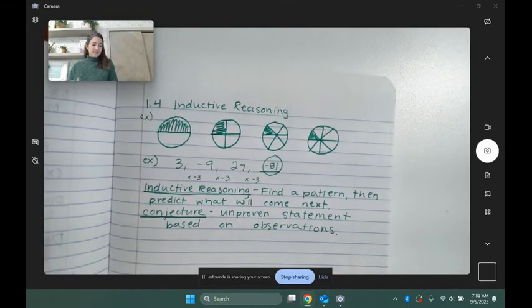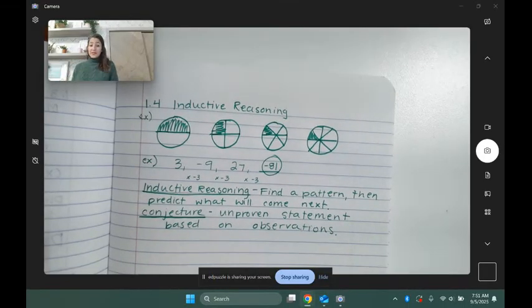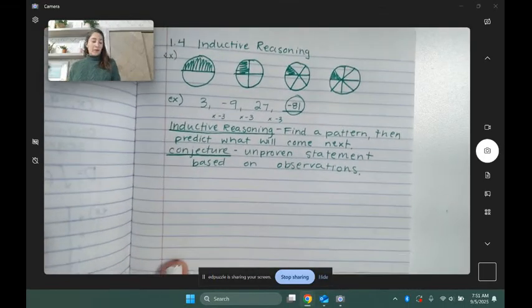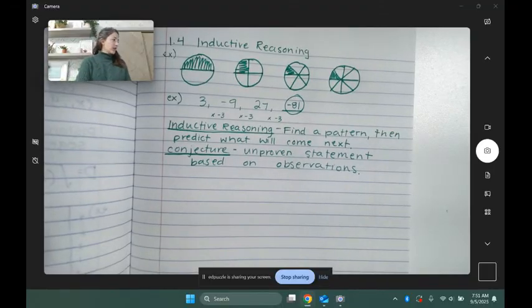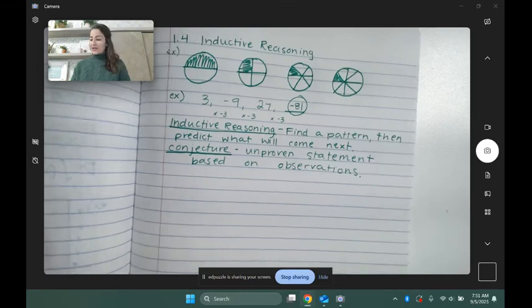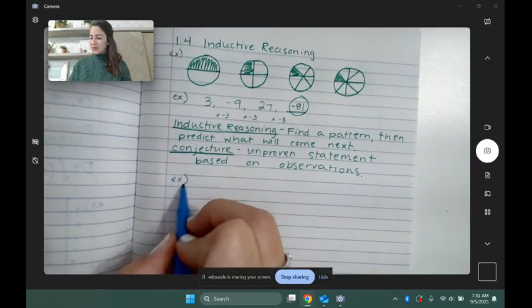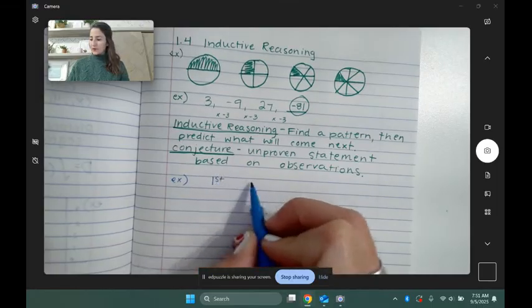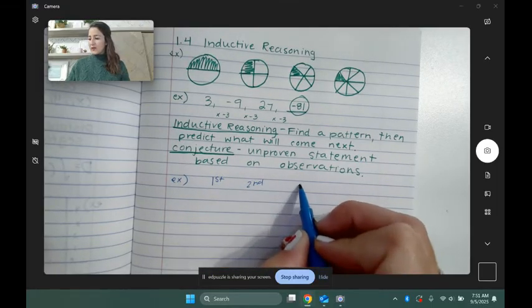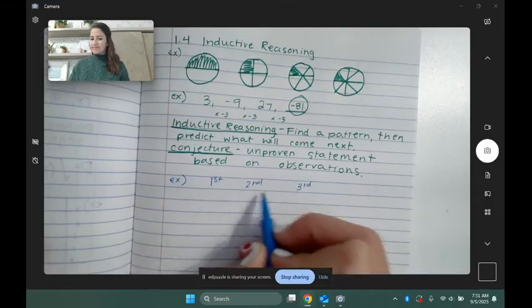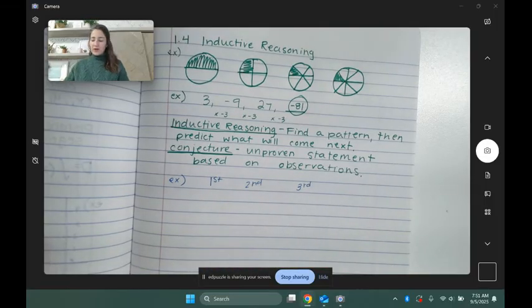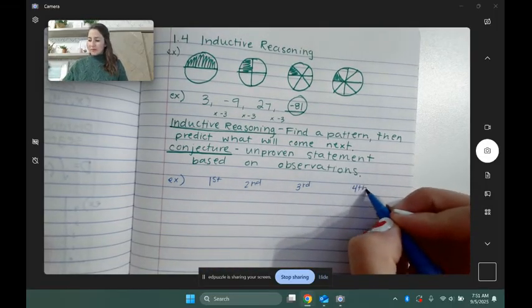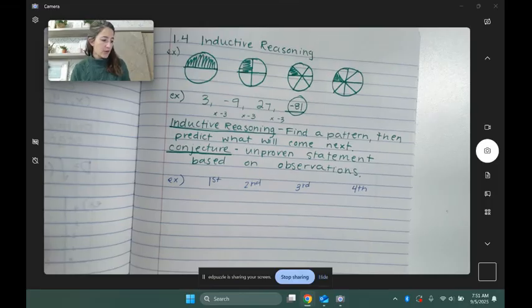Okay. So, for example, we're going to do one more pattern of growing shapes. Draw this with me pretty carefully. So we're going to draw the first, second, and third block on this pattern. And I'm going to have you draw the fourth.